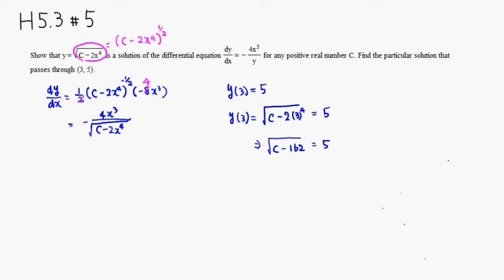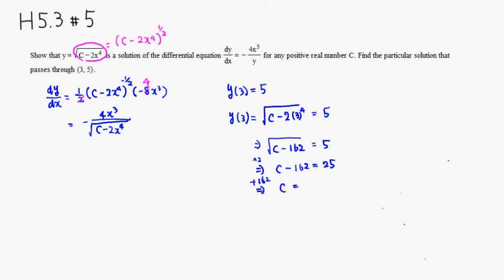Right, then we can just square both sides so that we can get rid of the square root. So c minus 162 is equal to 25. 5 squared is 25, and then we can add 162 to both sides.